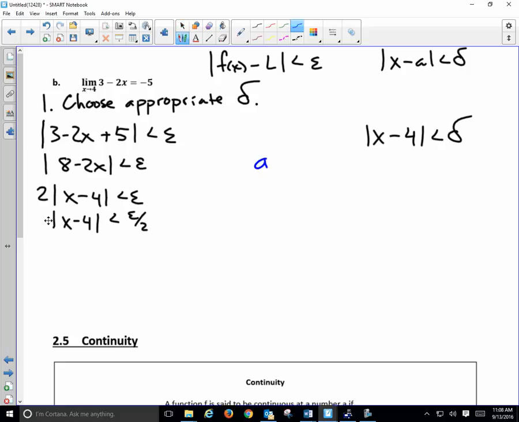So this now looks like the right-hand side. But instead of a delta, I have, so therefore, I'll choose delta equal to epsilon over 2. I'd also like to make a statement that will help me in my proof. You know what statement that is?